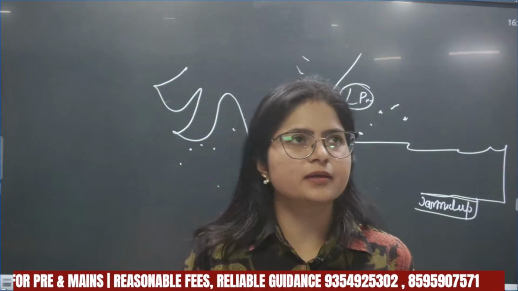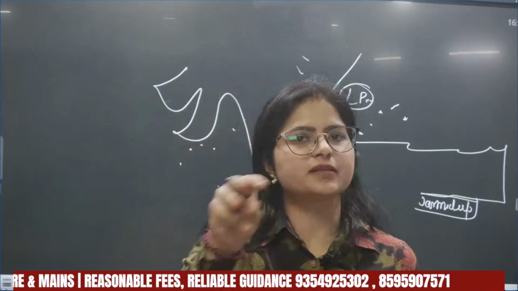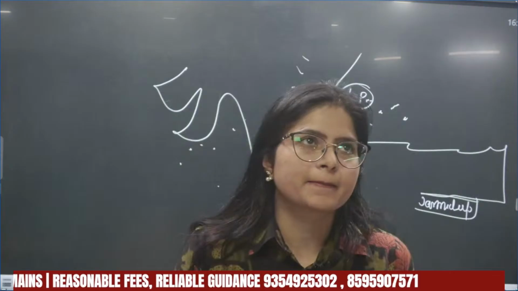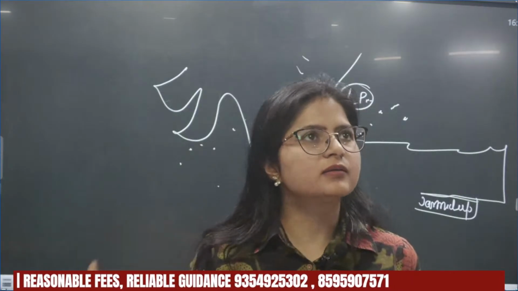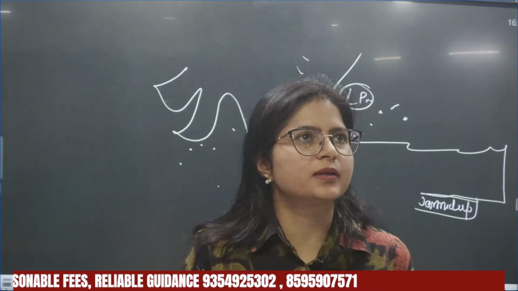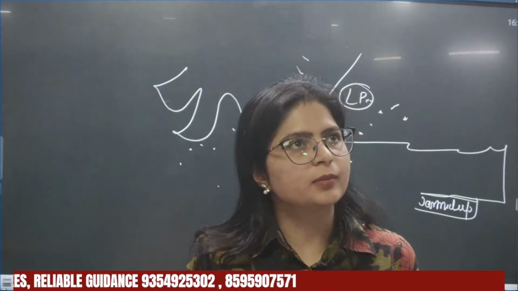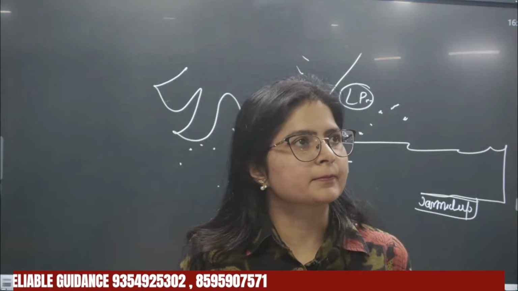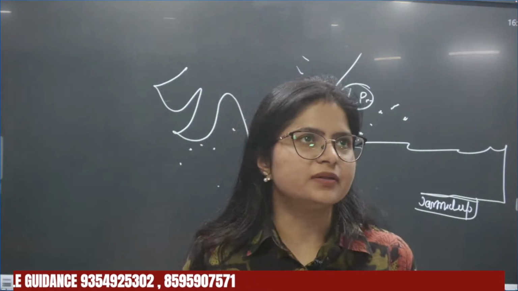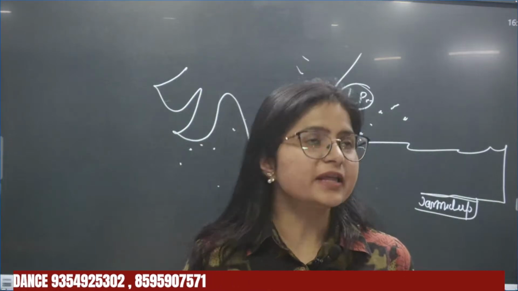Then you have typhoons in your Pacific Ocean, and in the Indian Ocean, you call it cyclones. In Australia, Willy Willy. So there are different names through which we call it.